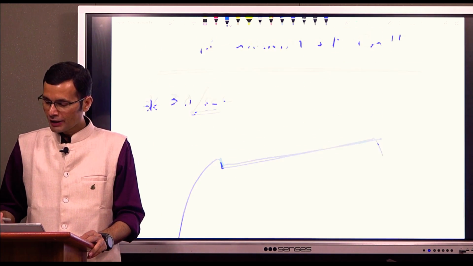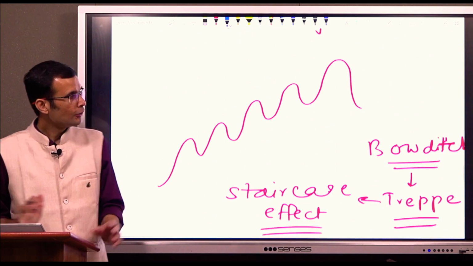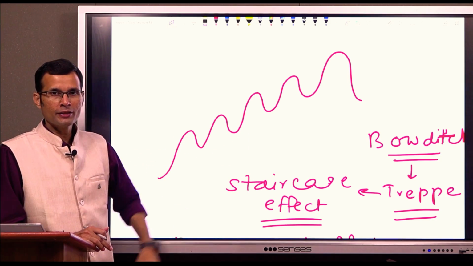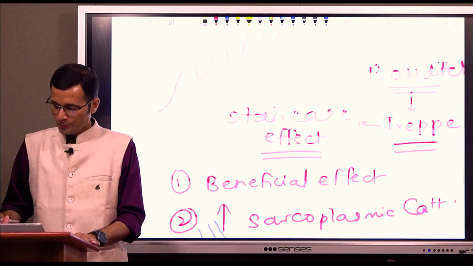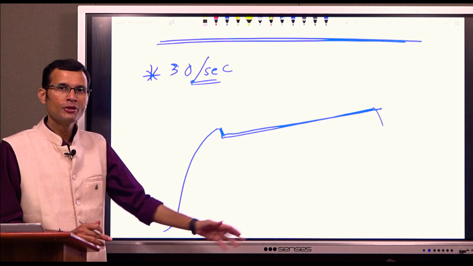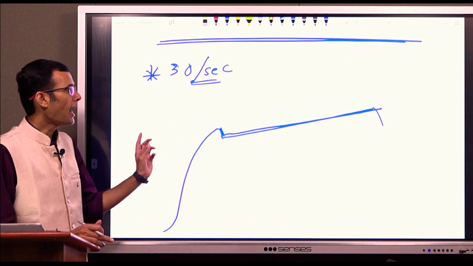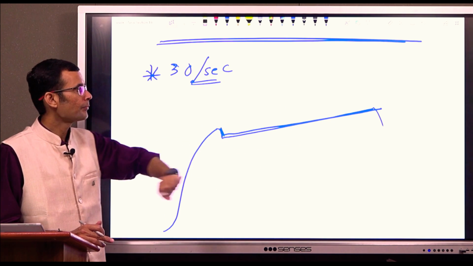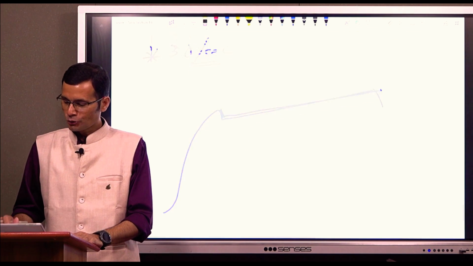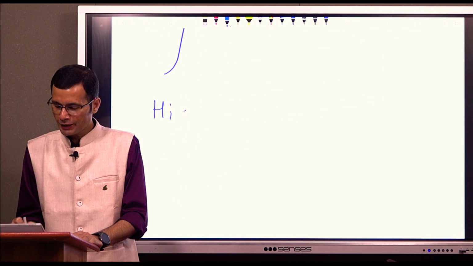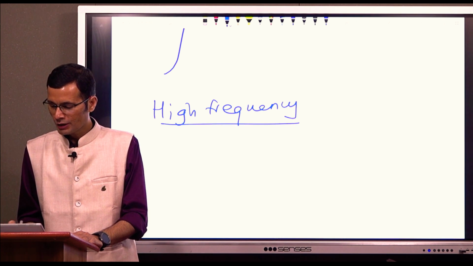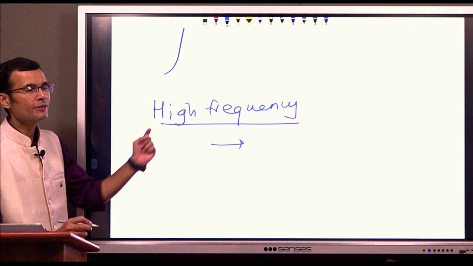What I'm trying to say is, look at this graph. Muscle was contracting and then relaxing and then again contracting. Relaxation was happening. And look at this. If I stimulated the muscle at a very high frequency, the muscle contracted and remained in a contracted state. It is not relaxing at all. It fails to relax. So, a very high frequency of stimulation, the muscle goes into a sustained state of contraction.